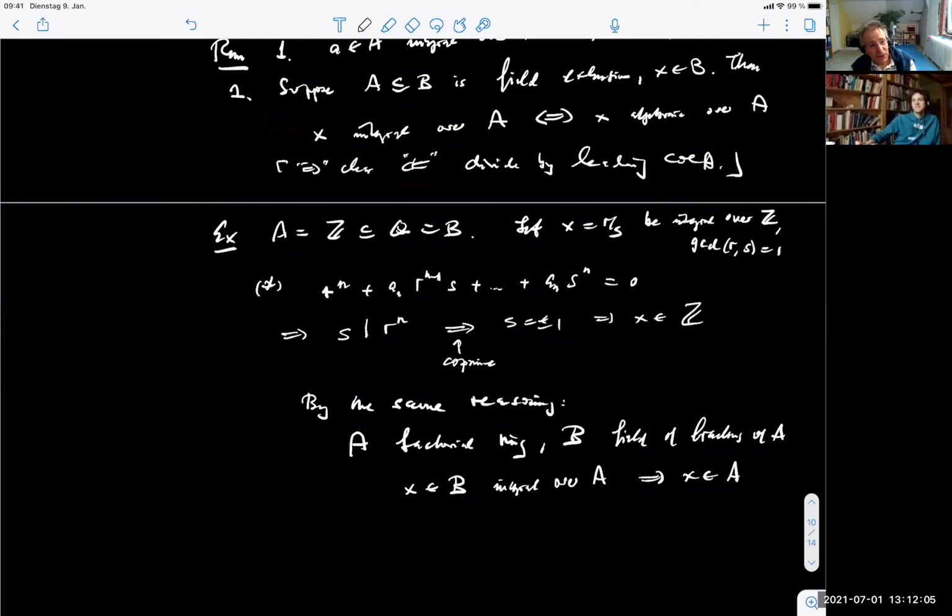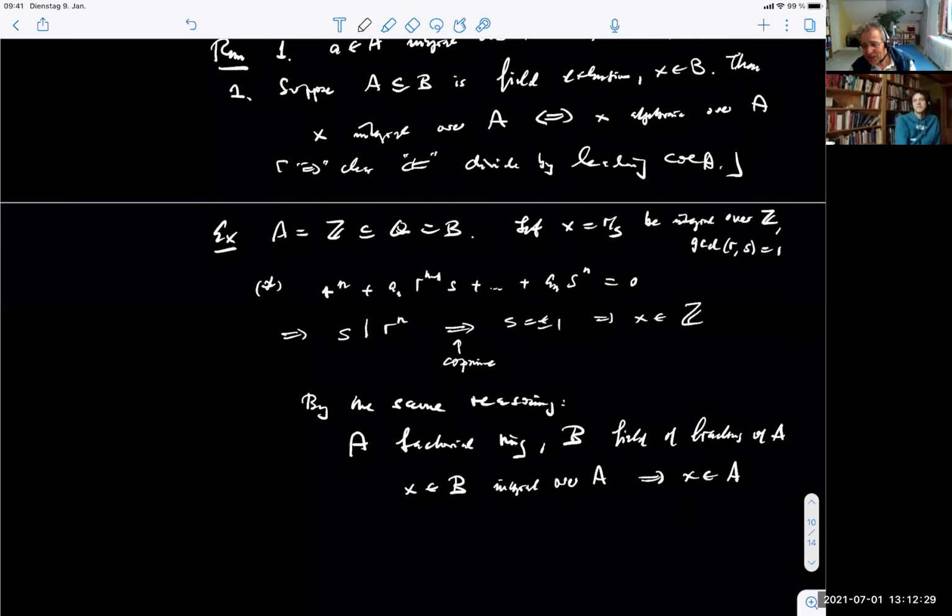I want to do the same, but I'm a little bit more modest. Why? When you define the degree of a field extension, say you go from K to L, you can view L as a K vector space, and then you talk about dimension. Now I have these arbitrary rings. It's not so clear what would be the notion of dimension in general. So maybe I don't do this here.